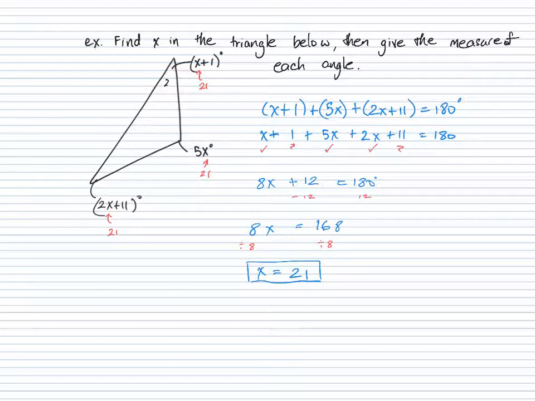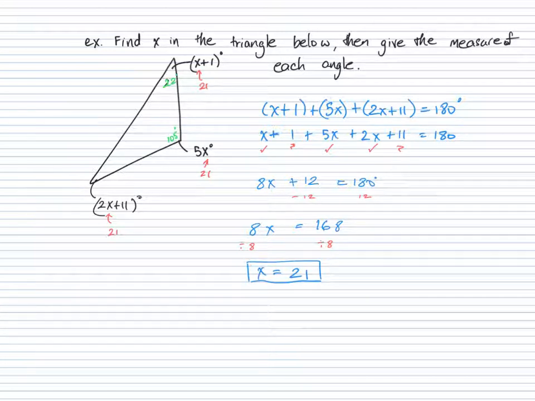Let's use a different color. Let's use green. 22 degrees. All right. And this angle right here is 5 times 21. So when you multiply 5 times 21, we get 105. So that is 105 degrees right here.